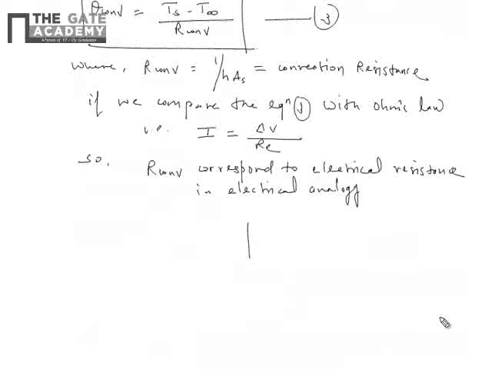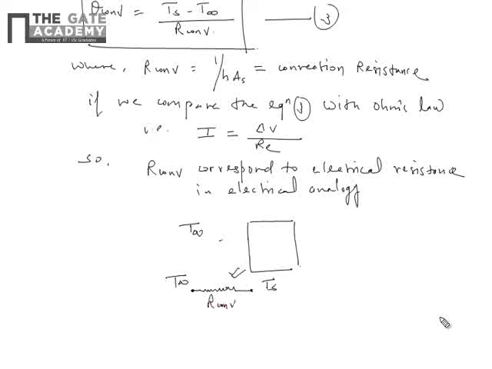So, if this is the wall and the surrounding fluid is at temperature T infinity, so there will be one heat transfer, and the electrical analogy of heat transfer can be given as this network.